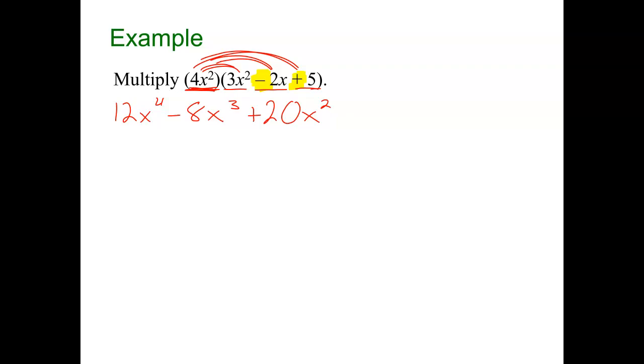So the monomial gets multiplied by every term in the trinomial, but I'm not multiplying any of these terms together because these terms are being added and subtracted. We're going to add in the combining like terms with the multiplying on the next. Okay, so monomial times a trinomial, we just distribute and then we're done.